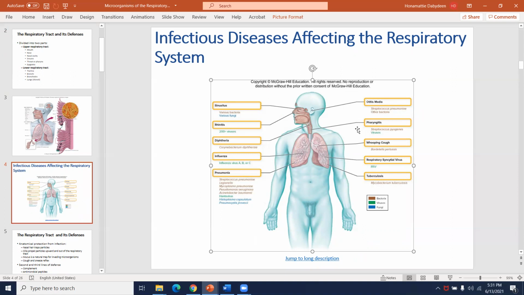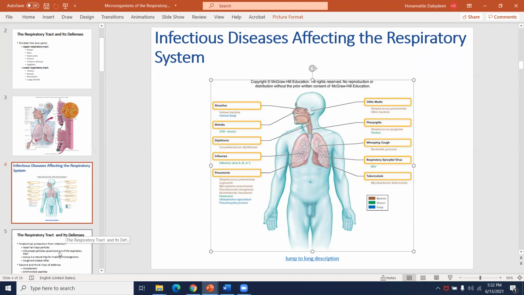So we are going to try to limit our discussion as much as we can to some of the very important organisms causing infections, but there are many, many different organisms that could attack these areas, and we'll touch on a few of the important ones.